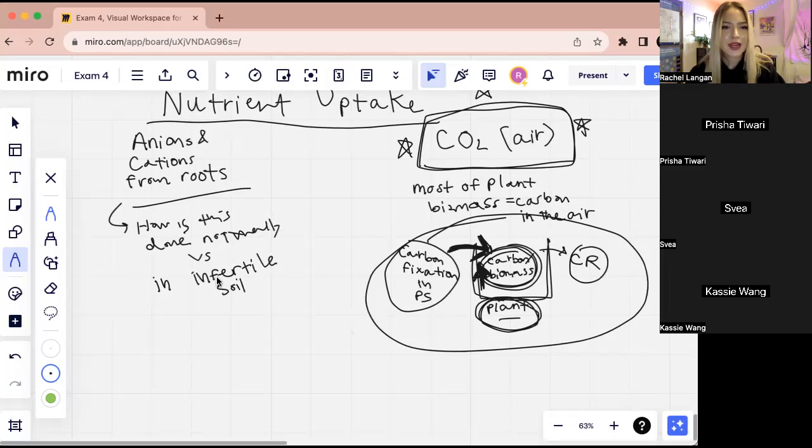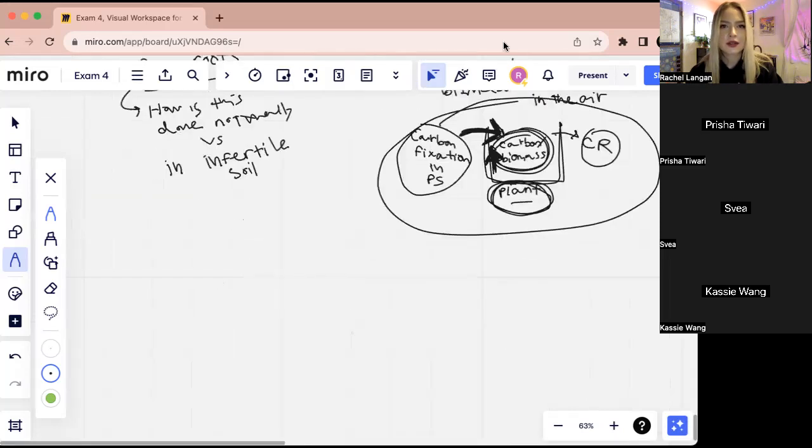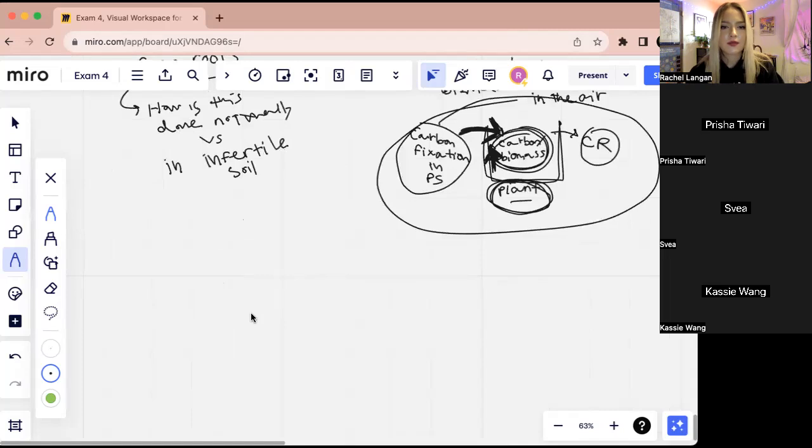Cool. Okay, so let's go over how it's normally done with the example of potassium.